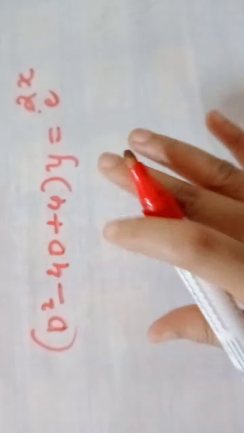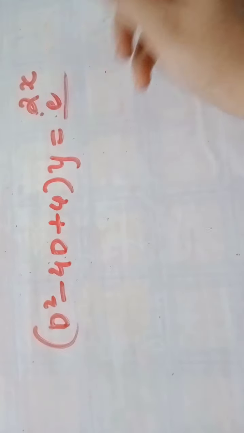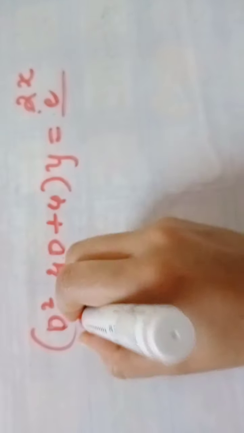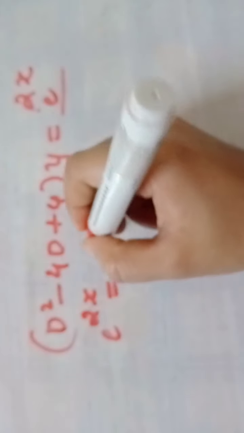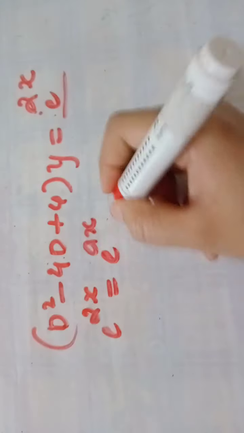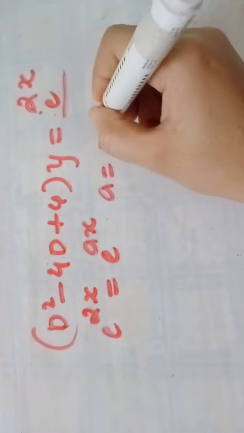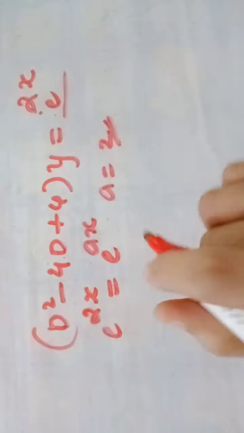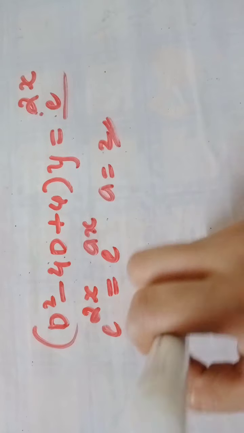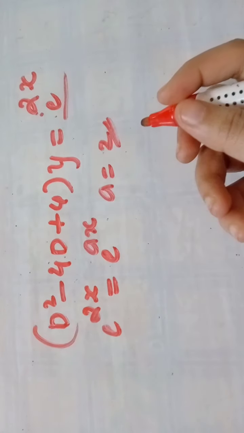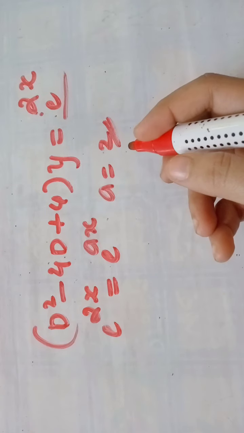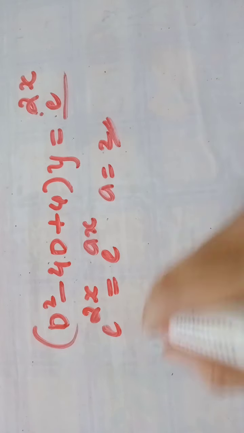The right hand side of the equation, e raised to 2x, is of the form e raised to ax. By comparing, we get a is equal to 2. We have to find the particular integral for this differential equation, because it is a non-homogeneous equation.